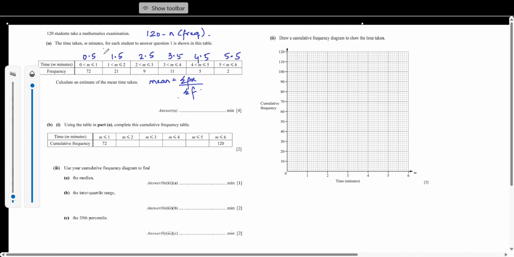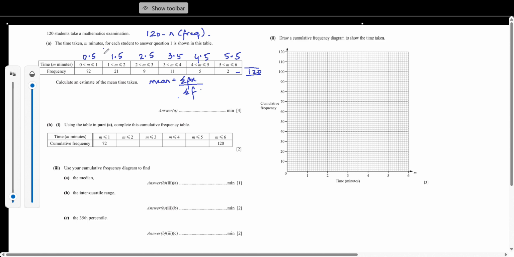The summation of f here would obviously be 120. 72 plus 21, 93. 9 plus 11, 20. 93 plus 20, 113, plus 7, 120.